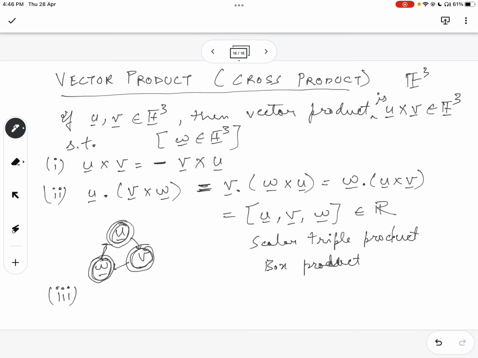The third property is that the norm of u cross v is equal to the norm of u multiplied with the norm of v, times the sine of the angle theta between the vectors u and v. The dot product is defined as norm of u into norm of v into cos of the angle between the two vectors.